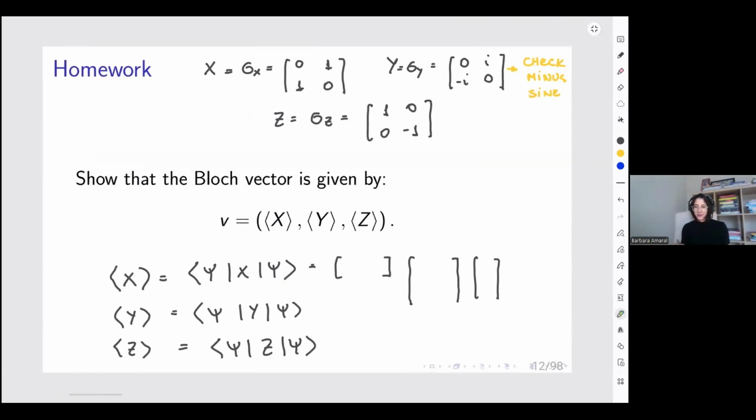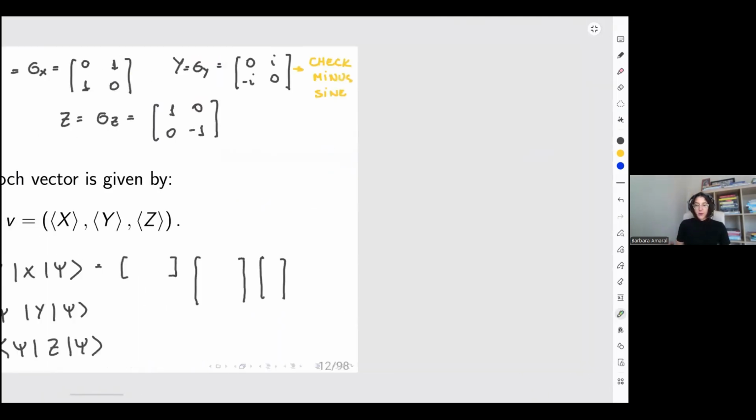You have to do the computations. You might have to use some trigonometric relations. So it might be a bit boring, but it's not difficult, and it's something that we use a lot, okay? So again, this is something that you're going to see many, many times. Okay, questions?